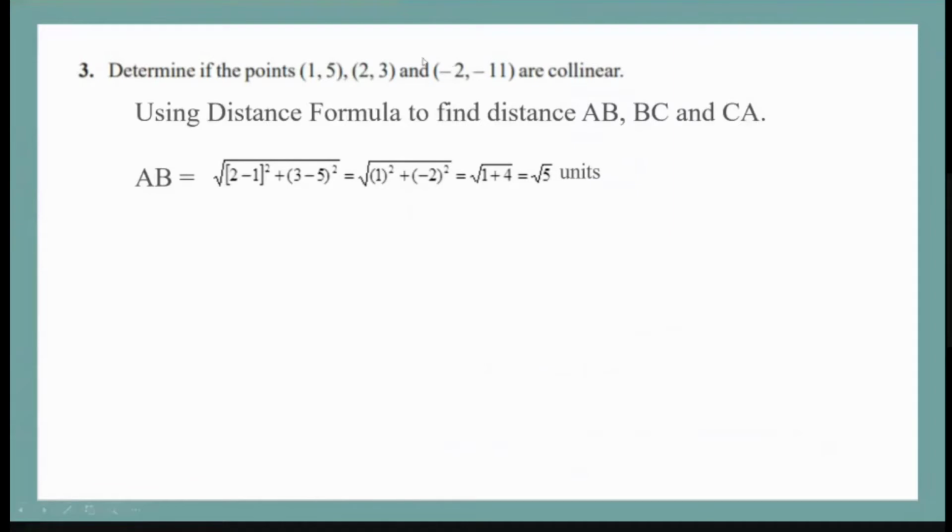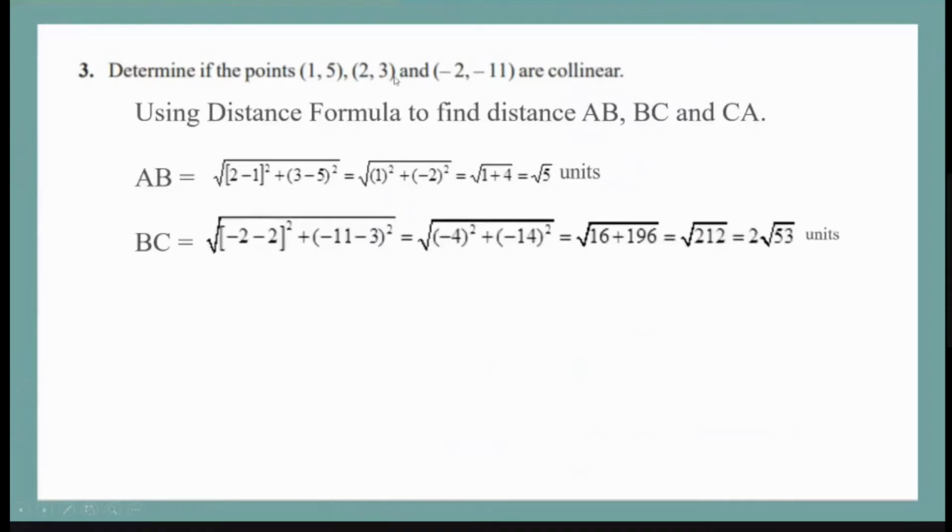AB will be given by what? AB will be given as the square root of (2 − 1) whole square plus (3 − 5) whole square, which comes out to be root 5. Similarly, BC will be given by (−2) whole square plus (−11 − 3) whole square, which comes out to be root 212, which is equal to root 53. Then I find out lastly CA or AC.